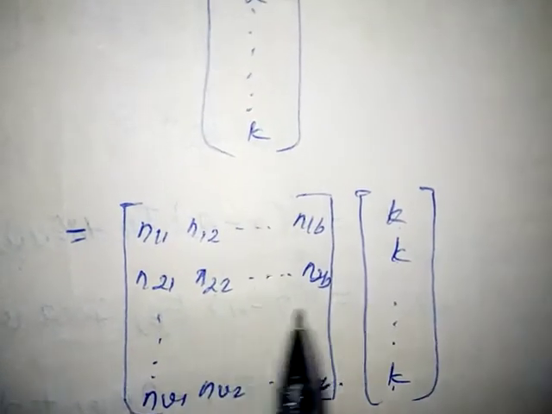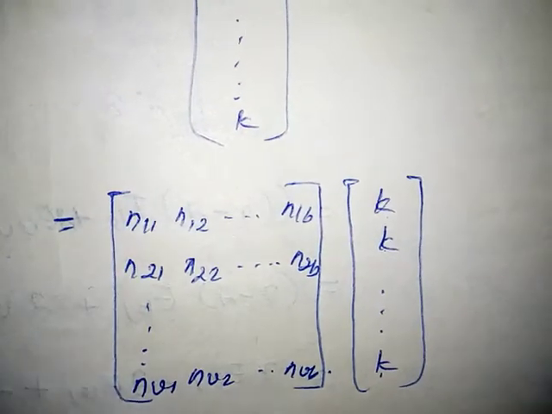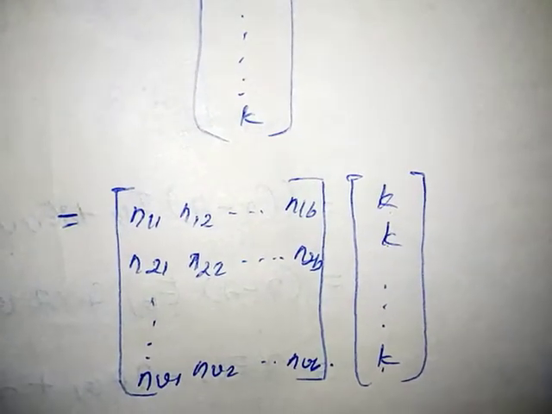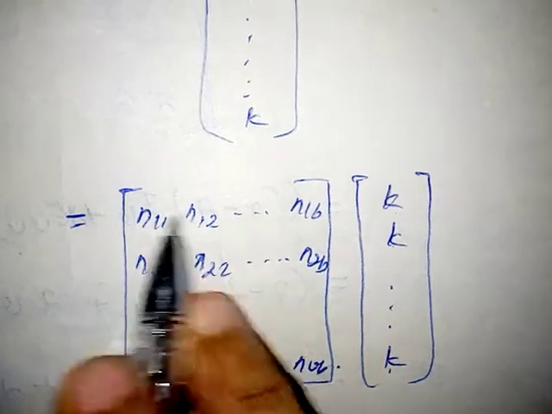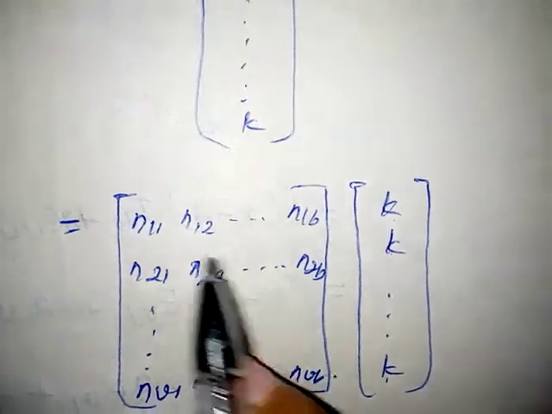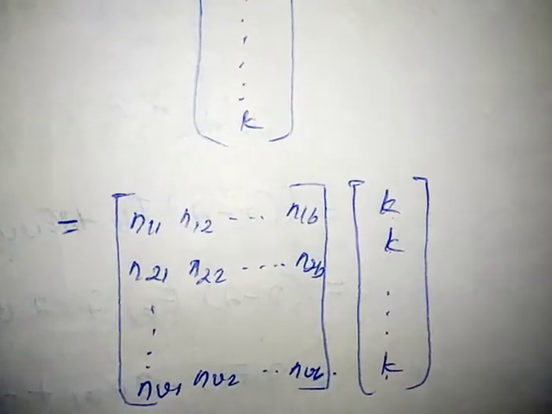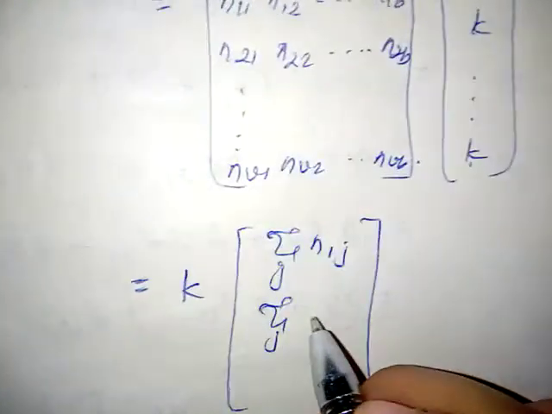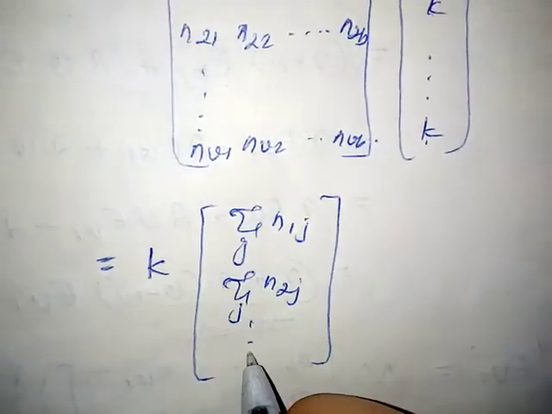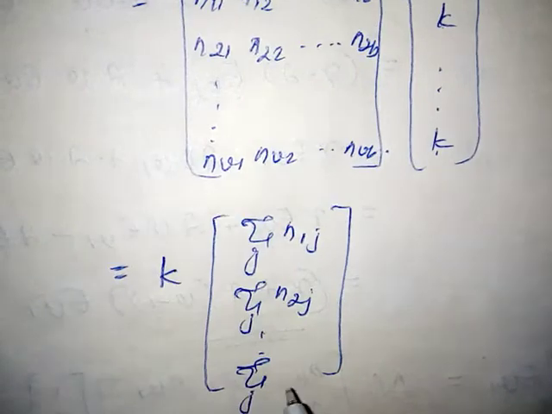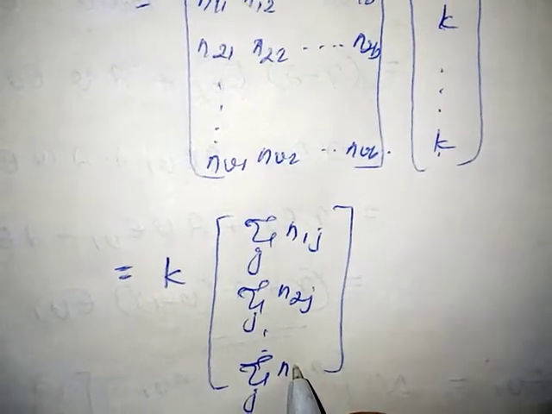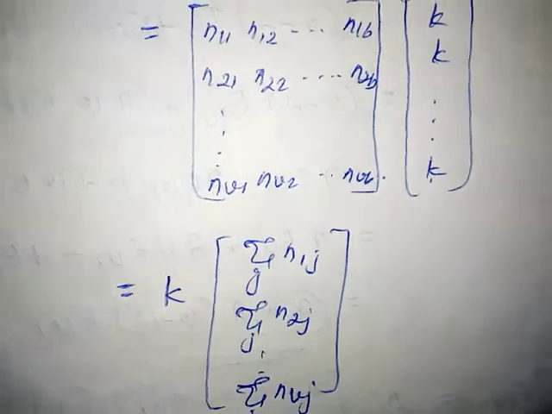Then these summations remain: summation over j of n_1j for the first row, in the second row summation over j of n_2j, similarly summation over j of n_vj.